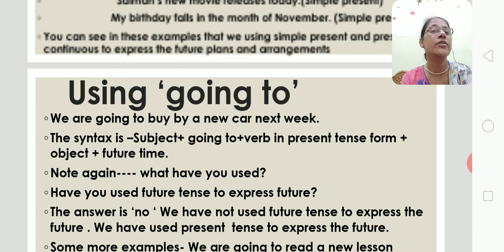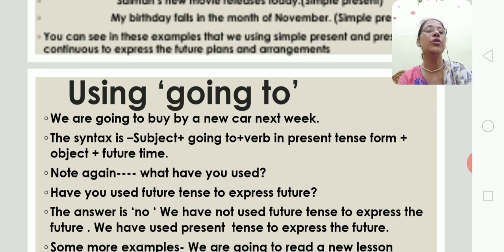Then the car is the object and the future time is next week. Note again, what have you used? Have you used future tense to express future? No, you have not used future tense to express future. You have used present tense to express future.